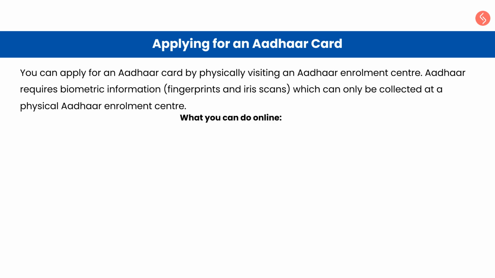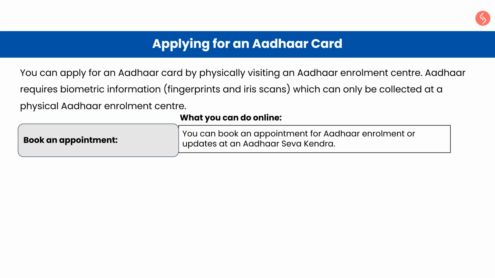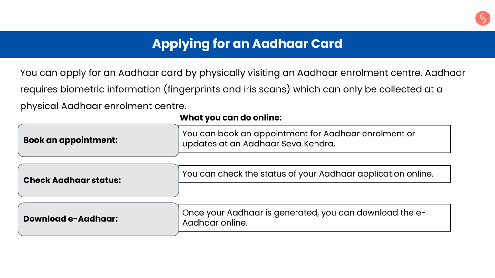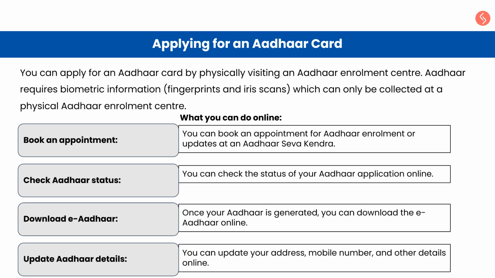You can do some activities online which include booking an appointment for enrollment or updates at an Aadhaar Seva Kendra. You can check the status of your Aadhaar application online. Once your Aadhaar is generated, you can download the e-Aadhaar online. You can update your address, mobile number, and other details online.